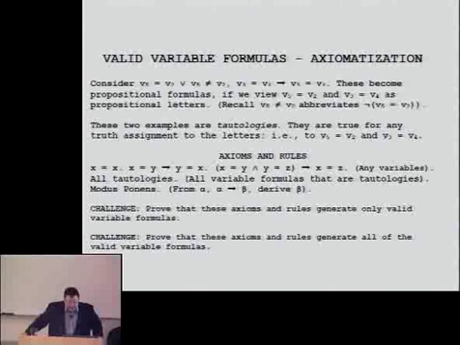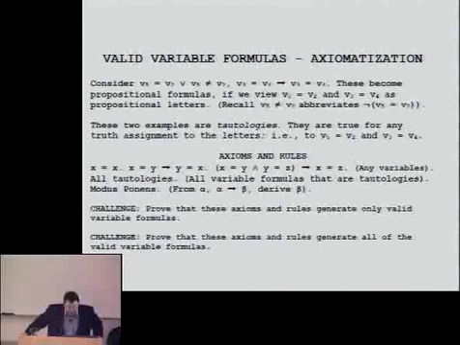Okay. So now I'm going to give you some axioms and rules. We have the following axioms. X equals X. You believe that, right? X equals y implies y equals x. X equals y and y equals z implies x equals z. And x, y, and z can be any variables at all.